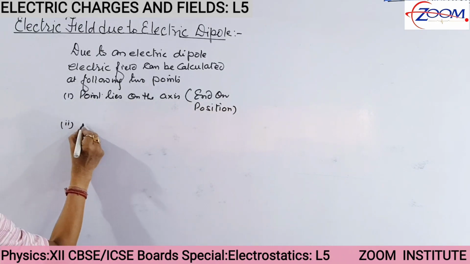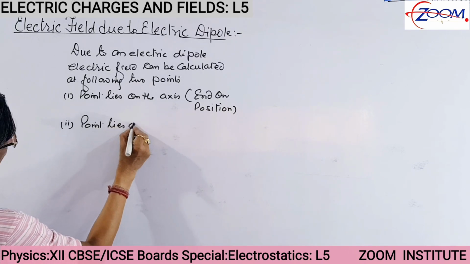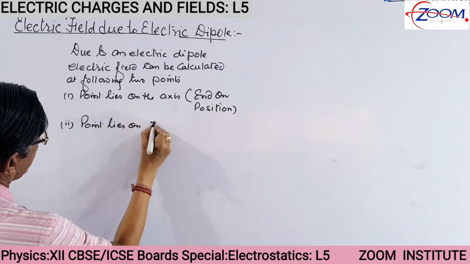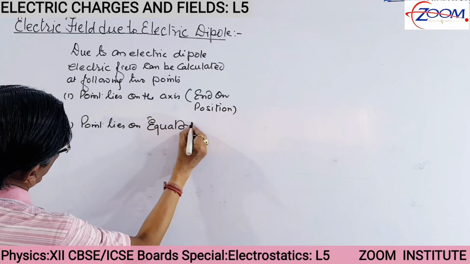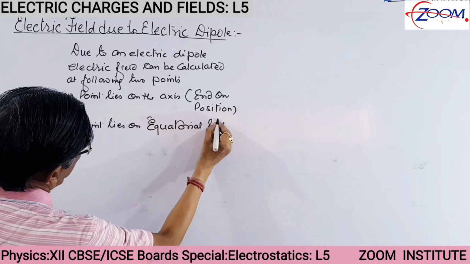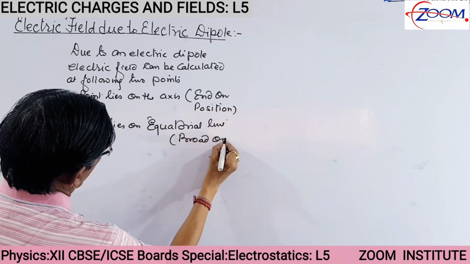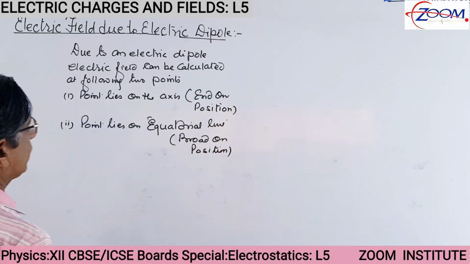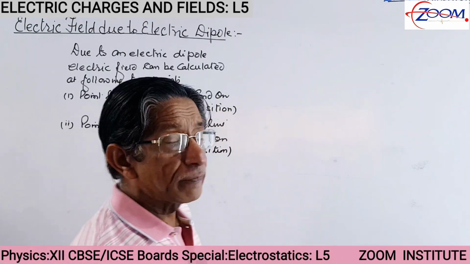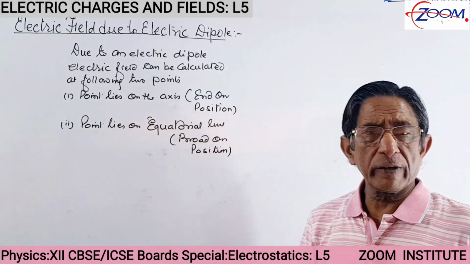Number 2, point lies on equatorial line, that is called broadside-on position. So due to an electric dipole, we can calculate electric field either on the axis or on the equatorial line.